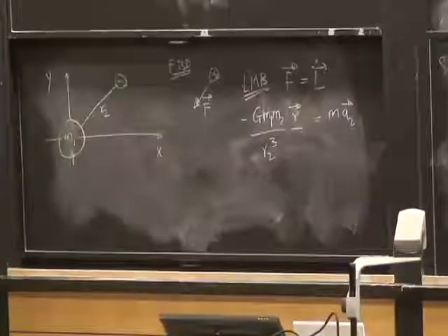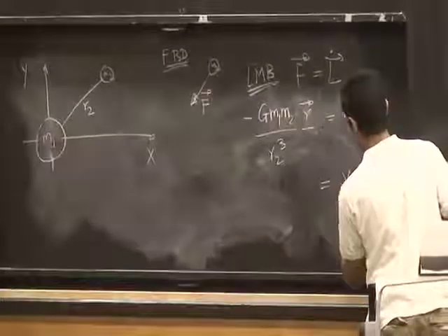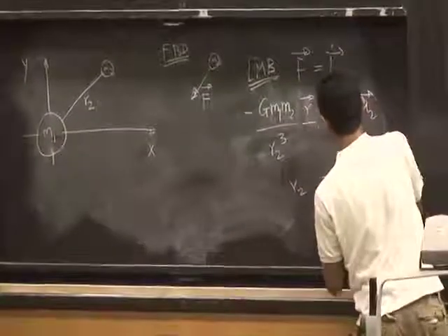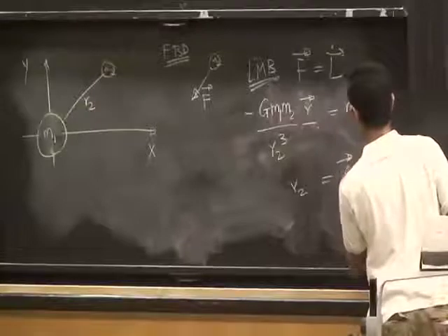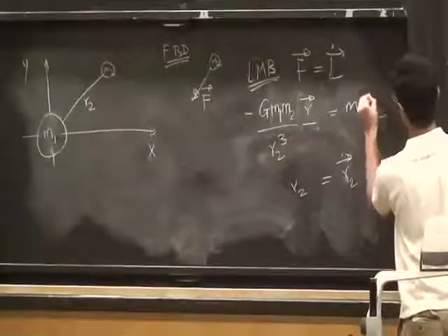And so with this equation, V2 equals R2 dot, and of course A2 is given by V2 dot.